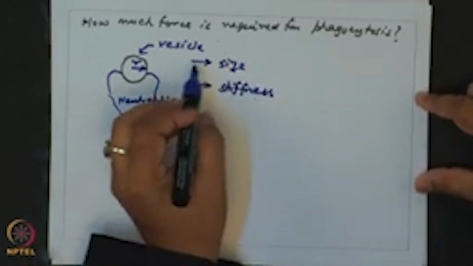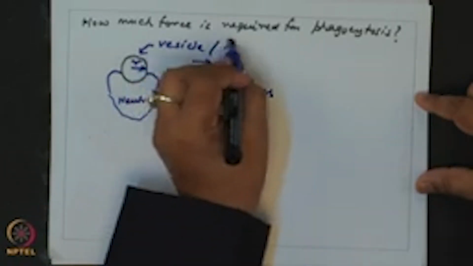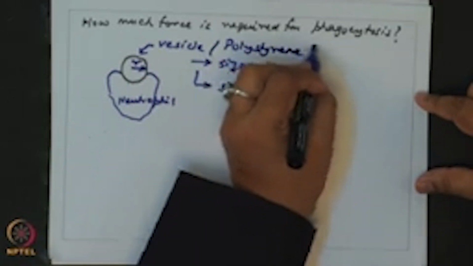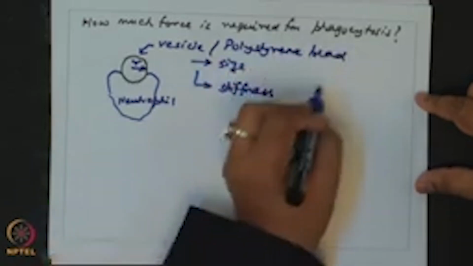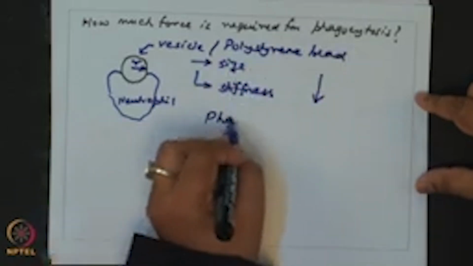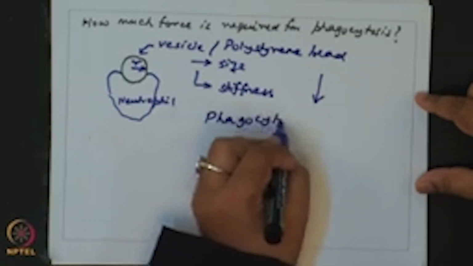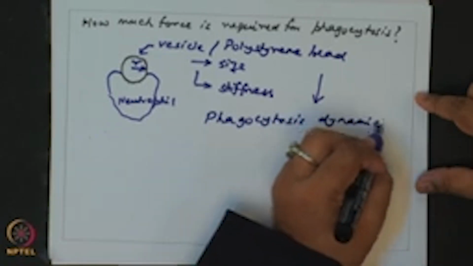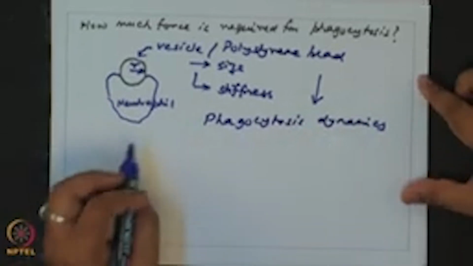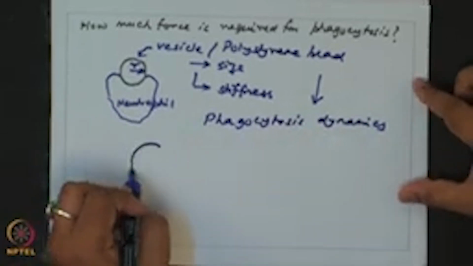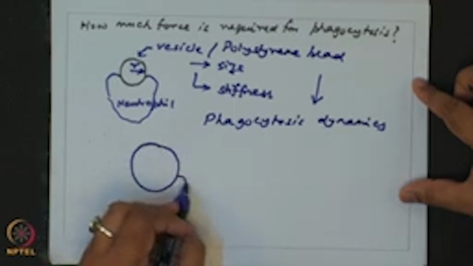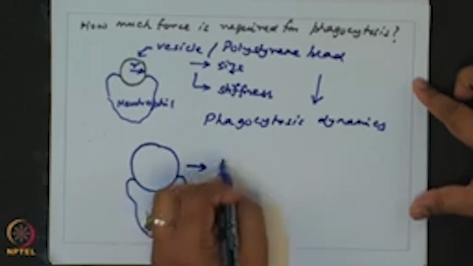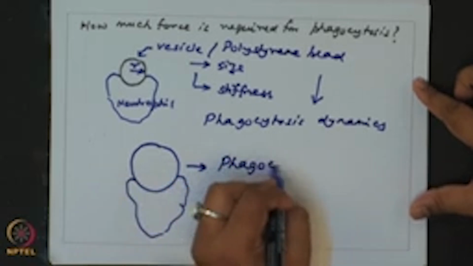In other words, instead of a vesicle, if you had a polystyrene bead, the phagocytosis dynamics would have been different. And experiments have been done where, if you take a bead which is huge, at some point the neutrophil actually gives up. Your phagocytosis fails.